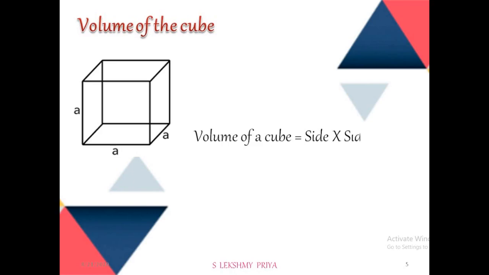Volume of the cube is equal to side into side into side. We can represent this in another way. It is side cube. Here we have taken the side as A, therefore we can write it as A cube. So volume of the cube is V equal to A cube.